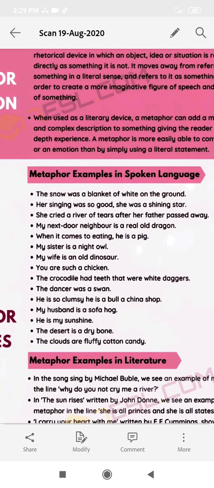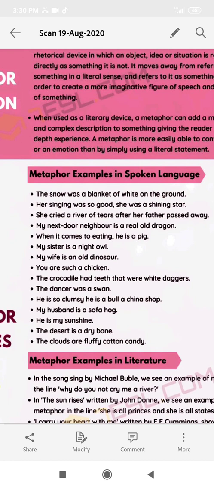So next example, you are such a chicken. તમે chicken છો. Okay, so તમે chicken છો. Strong comparison between two things, you and chicken. તમારી વચ્ચે અને chicken વચ્ચે comparison થયું, strong comparison થયું without the help of word like and as.